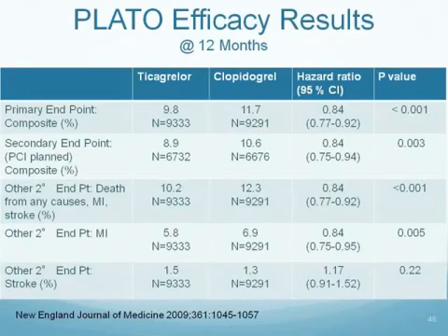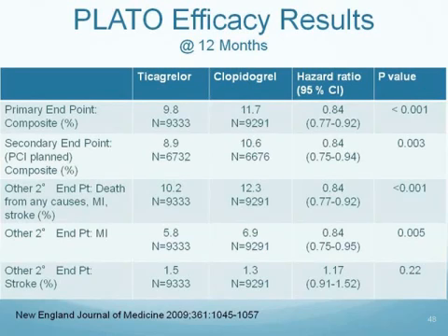So with the primary endpoint, 9.8% of the patients in the ticagrelor group versus 11.7% of the patients reached that endpoint. And these are the data from the 12-month visit. When we looked at that secondary endpoint in just the patients that had the PCI, we basically see the same reduction, about a 16% reduction, favoring the ticagrelor group.